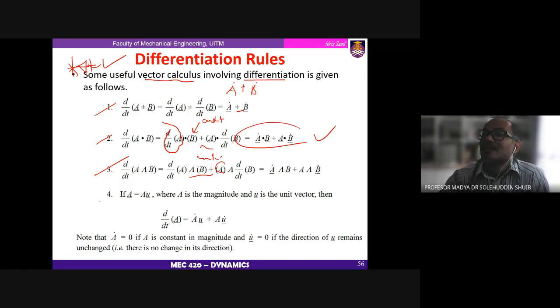Same thing with the last one. If A equals the magnitude of A times the unit vector u, you do the first part: A dot and u constant, and then for the second part you allow A to be constant and you differentiate the unit vector. This is how we do differentiation.